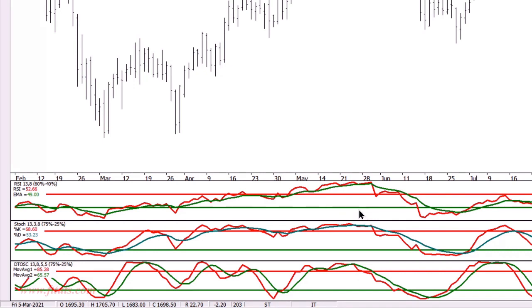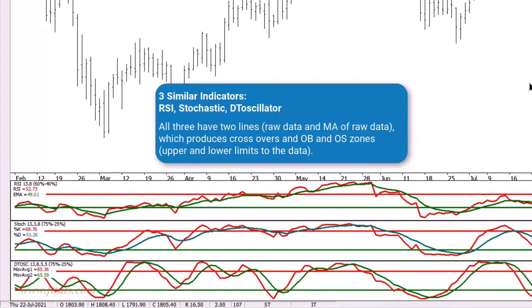And then we keep the raw data or a shorter term look back, so we have crossovers. And all three of these tend to reach overbought, the top zone, or oversold, the bottom zone, at most of the price reversals. Not all of them, but most of them.